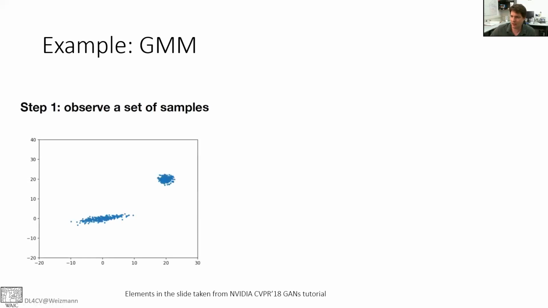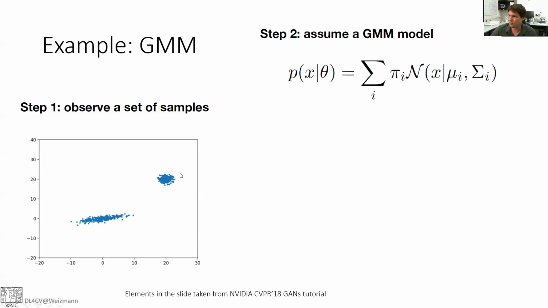Let's say I have this data, and this is how the instances look. This is two-dimensional data. The first step is that I get this set of samples, and then I assume that the distribution this data was sampled from is what we call a Gaussian mixture model, a GMM.